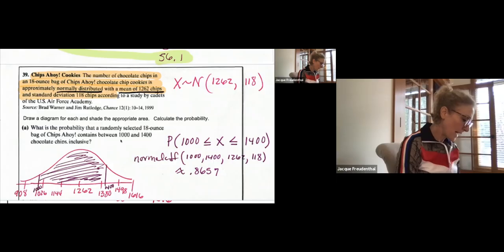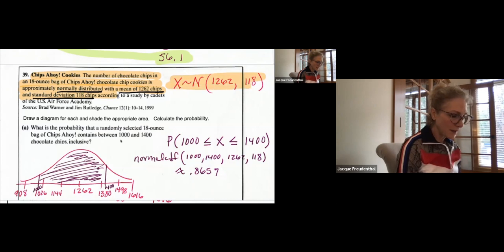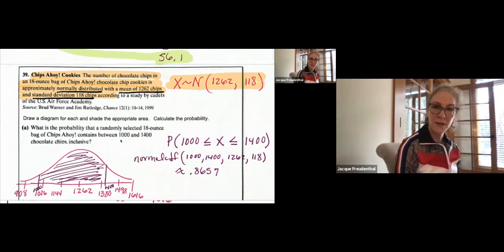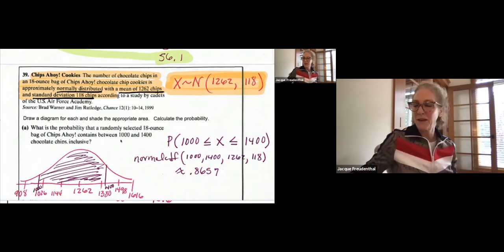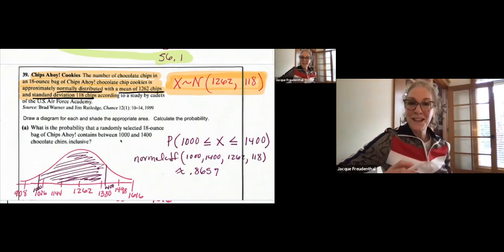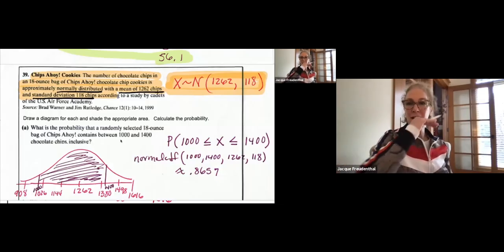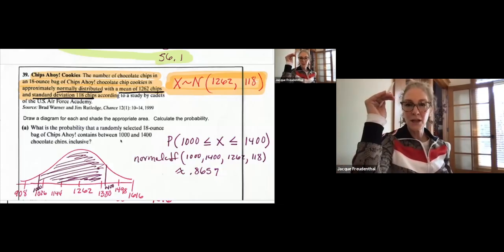Okay, so from that, I'm going to write my information that X follows, the random variable X follows a normal distribution with the mean and the standard deviation. I write this down. I learned this when I was in graduate school, maybe undergraduate. I can't really remember when I learned it, but when you're trying to solve problems, it's just information I write down immediately at the top of my page.